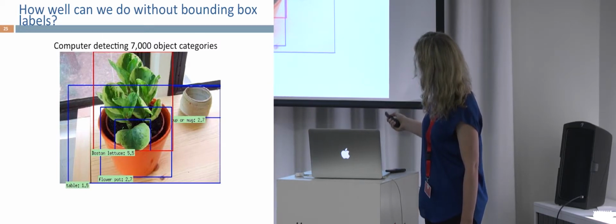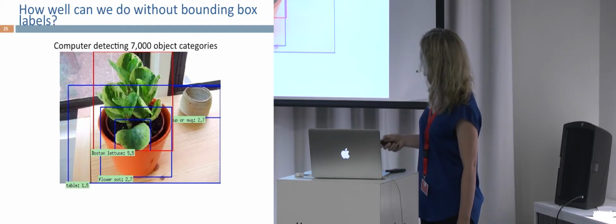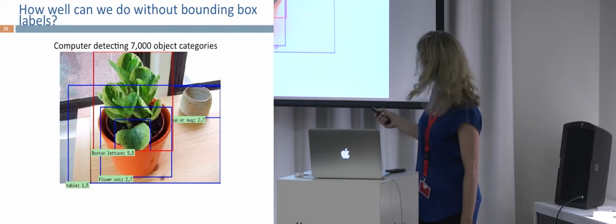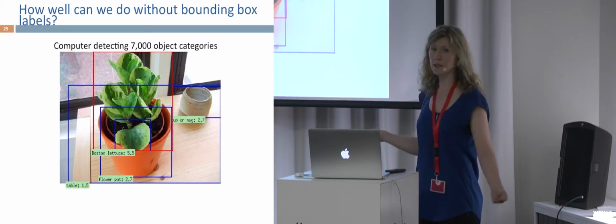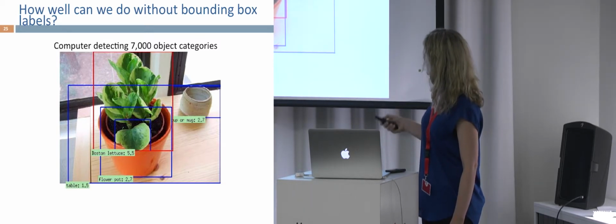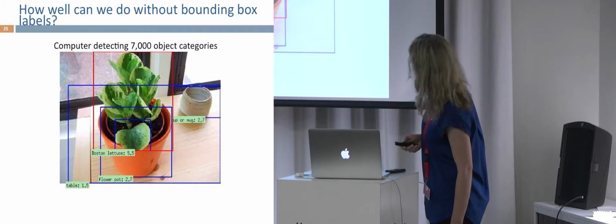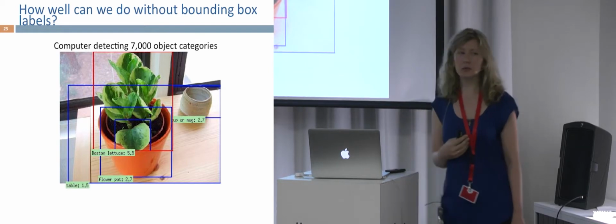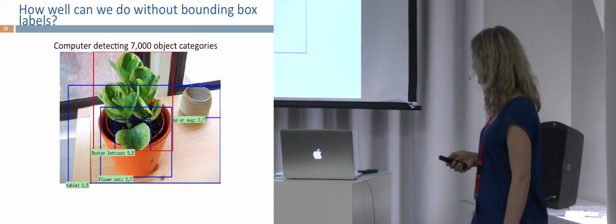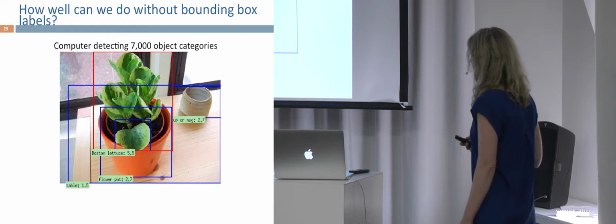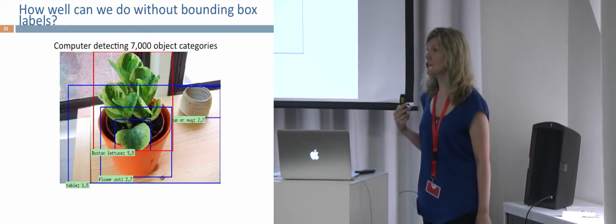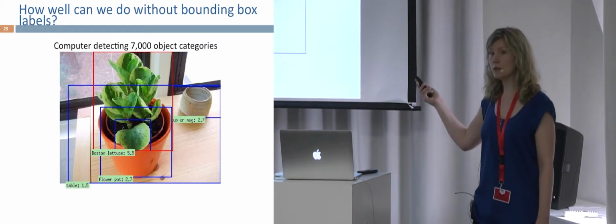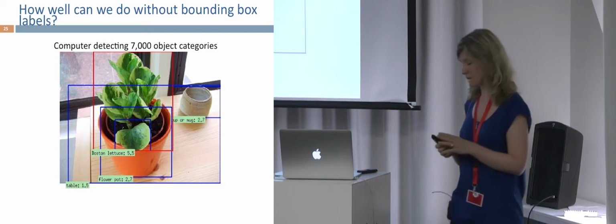I believe this particular detection in the red box is red because it's actually incorrect. It says Boston lettuce, which I'm not sure is Boston lettuce or not, but at least this is a reasonable mistake. So as you can see, we can actually do something even if we don't have these bounding box labels in our training data.